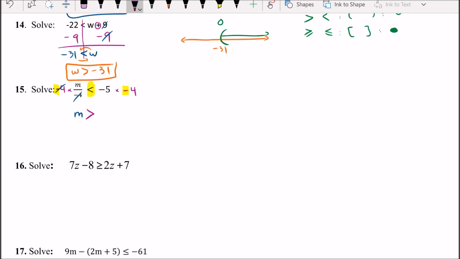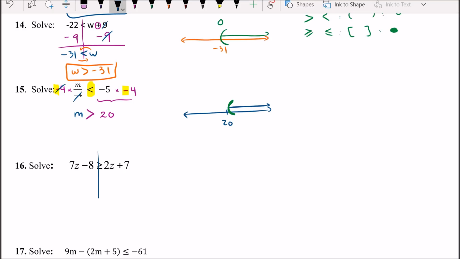So that will go to the other direction. Negative 5 times negative 4 gives you positive 20. Alright, it's just like the last problem, we make a number line. 20 in the middle. Since it's greater than, we go to the right. And since it's only greater than without an equal sign, we will use the parenthesis. And that's it.